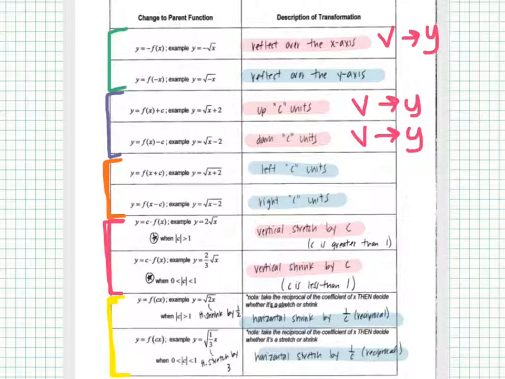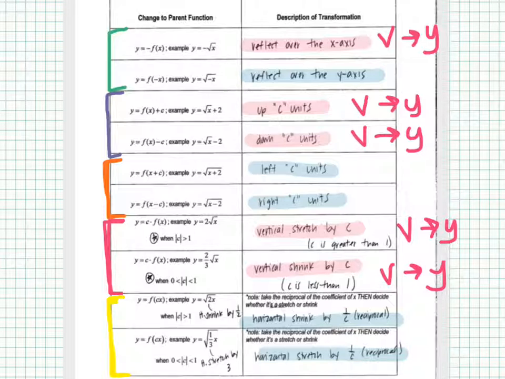So it's either going to take y and add or subtract a number to every coordinate, and that's how it's going to shift it up or down. And last, for the verticals, you have the vertical stretching and shrinking. If you have a number on the outside like a 2, it's going to take every single y coordinate, and only the y coordinate, and multiply it by 2. So every y is going to get that much bigger.